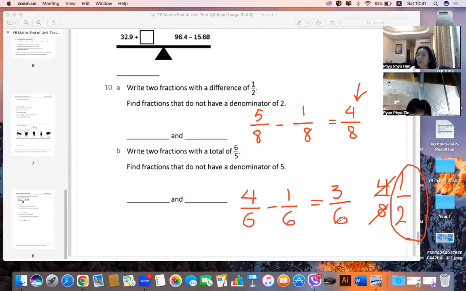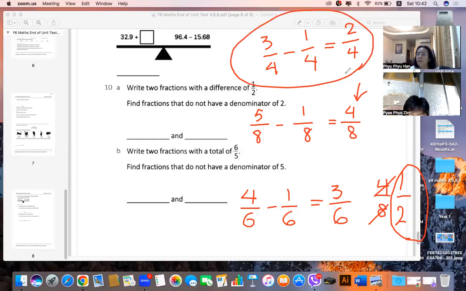If we do not want to make it 6, can we make it 4 also? We will try. As long as the denominator doesn't need to be 2, your answer is correct. So now we make it 4. 2 by 4 is the same as 1 by 2. You will see how we get 2 here: 3 by 4 minus 1 by 4, we will get 2 by 4.